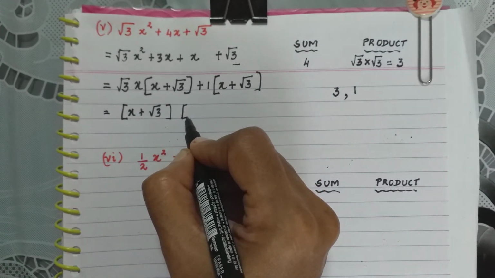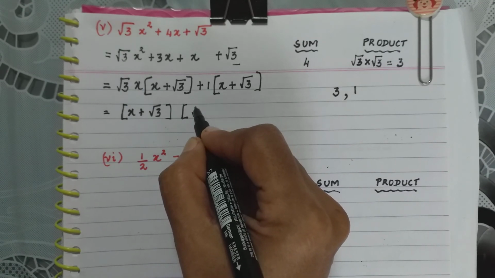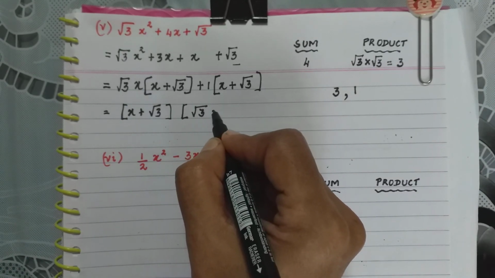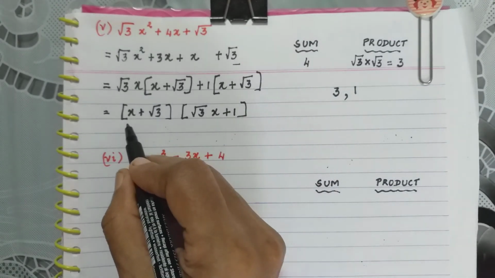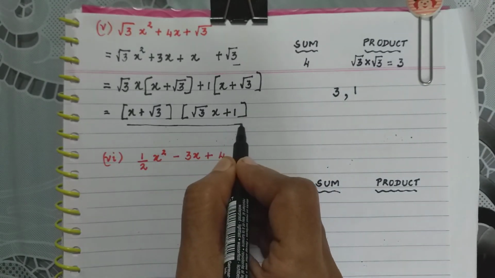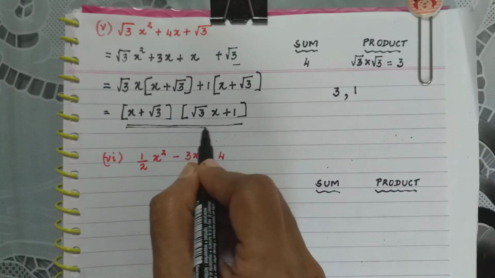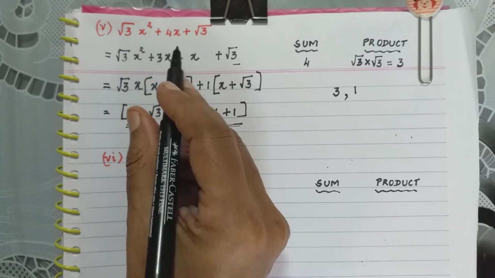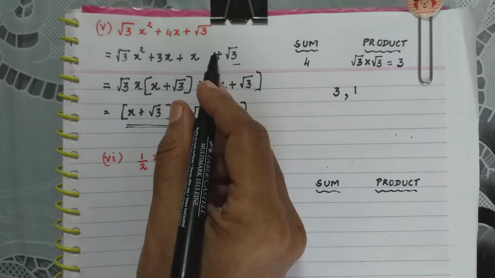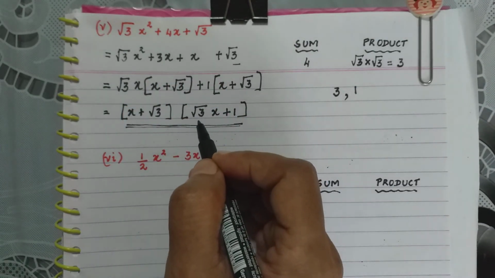So in the other bracket, I will have √3x plus 1. So this (x + √3)(√3x + 1) are the factors of √3x² + 4x + √3.